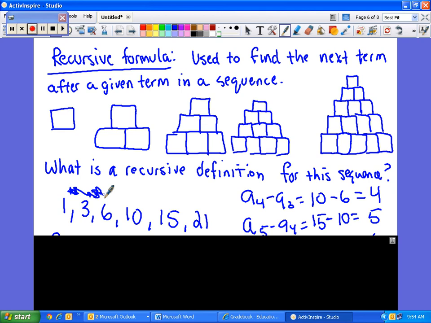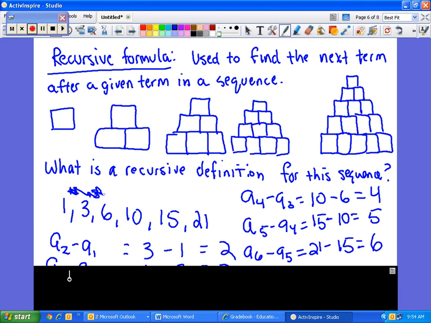Now, you should start off by seeing if there's a pattern in the differences. In other words, like this problem, I'm going to take the second term.